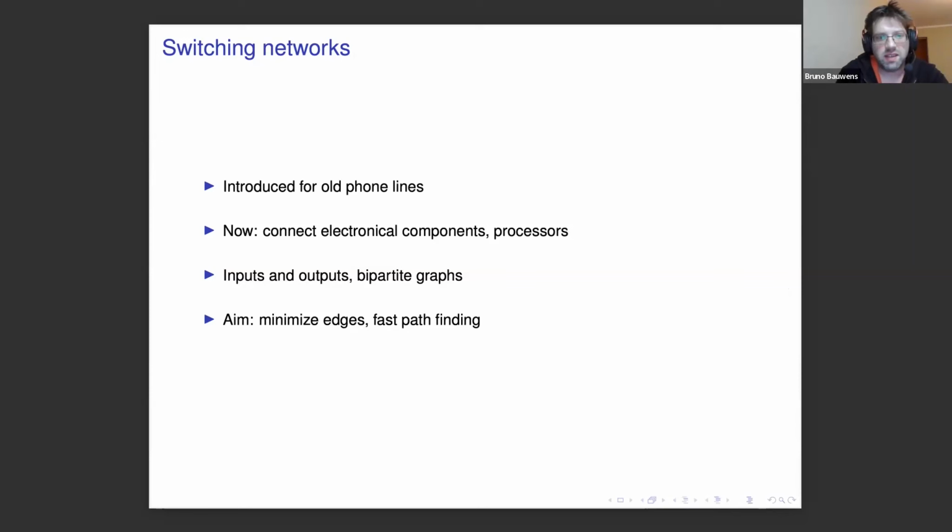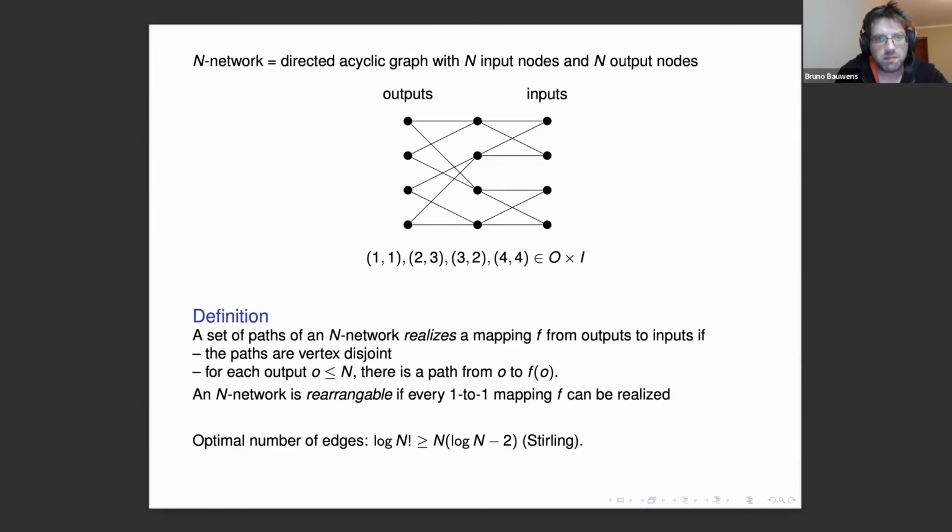Okay, next slide. So let's go to the definitions. An N network, I will use an equal number of inputs and outputs. An N network is a directed acyclic graph with N output nodes and N input nodes. Okay, and then what is a rearrangeable network? That's the definition at the bottom.